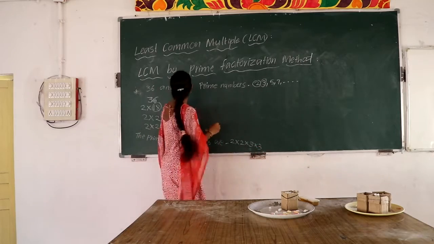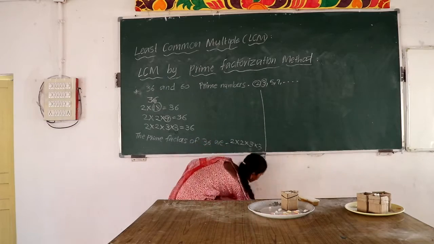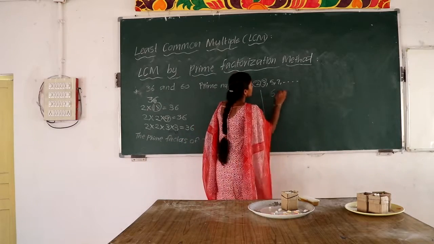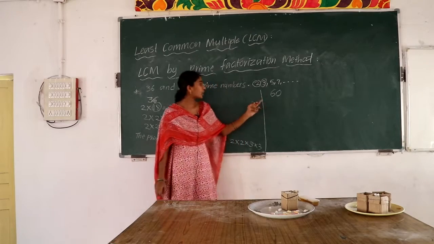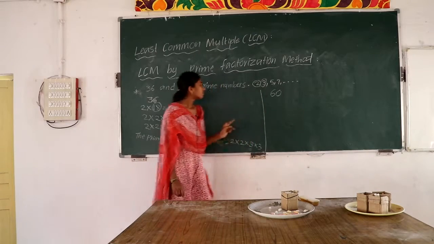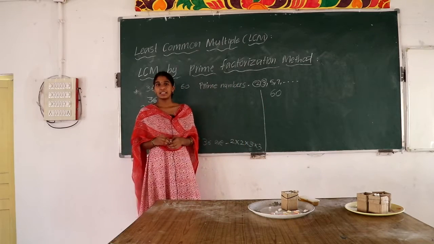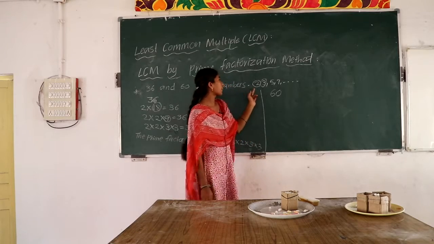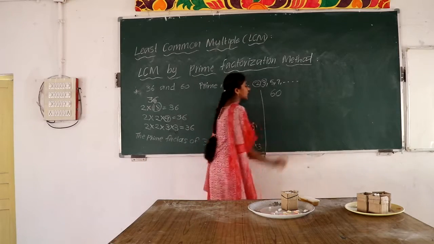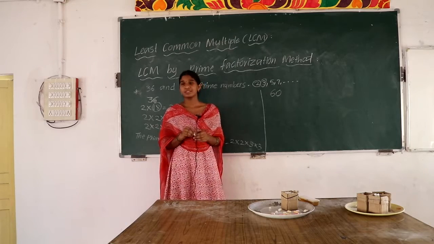Let us take 60. We have to reduce the value of 60. Is 2 a factor of 60 or not? Yes. So we take 2, the least prime number. To get 60, which number should be multiplied with 2? 30.